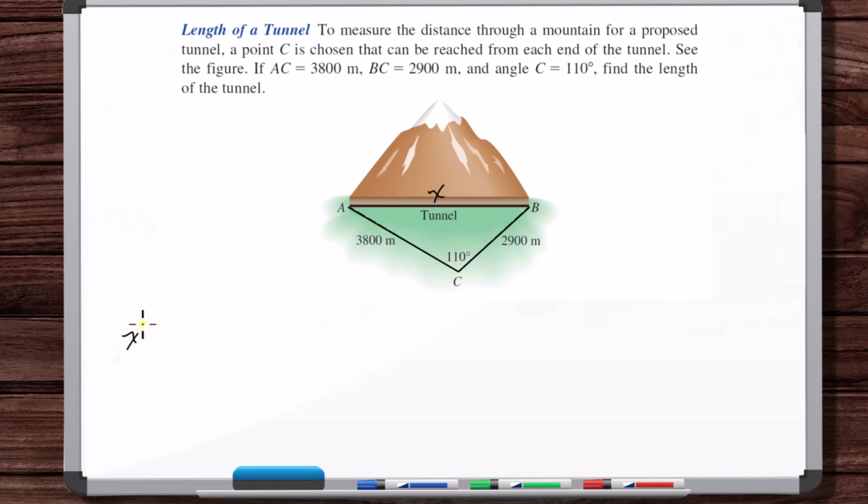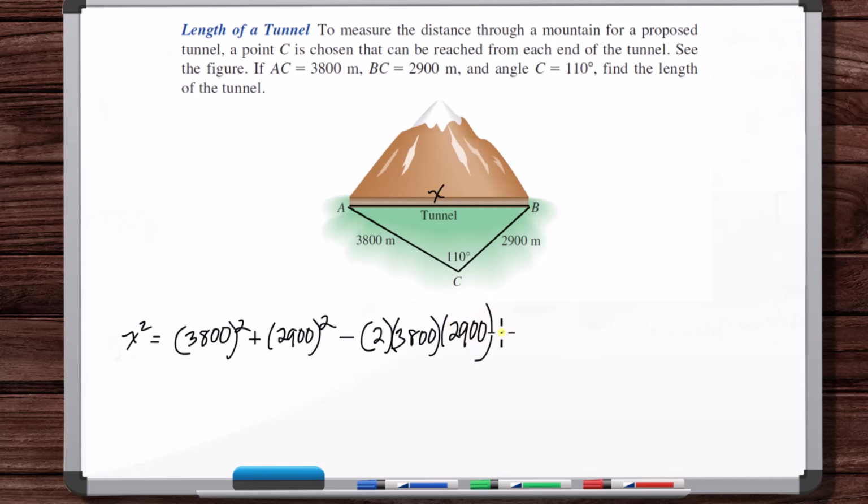So x squared is equal to the sum of the squares of the adjacent sides, minus 2 times the product of the adjacent sides, times the cosine of that main angle.